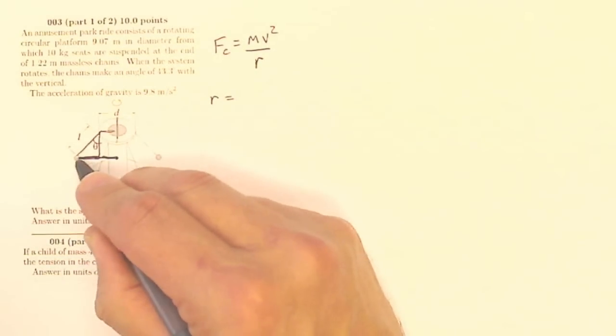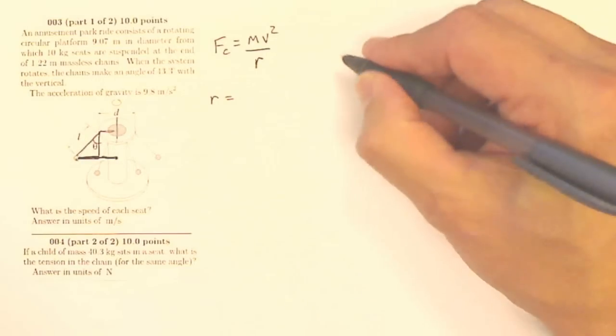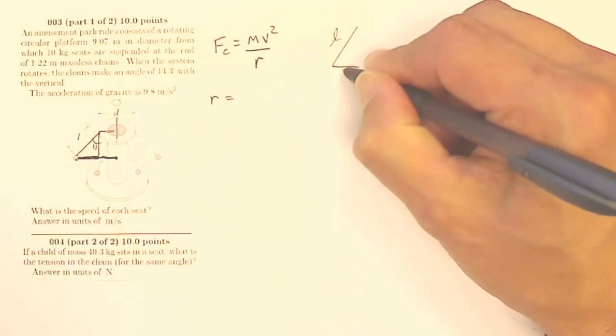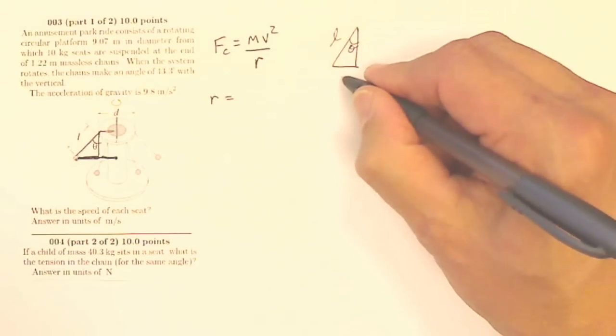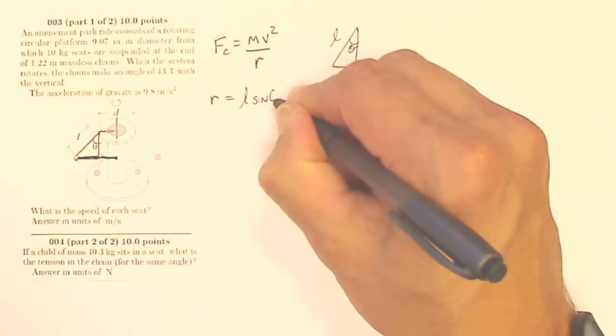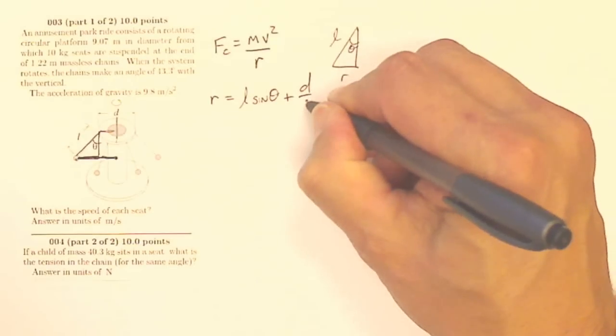One is this component, which is L times the sine of theta, right? If I have L here, and part of R here, and this is theta, I can do L sine theta to get my R. So it's going to be L sine theta plus half of my diameter, d over 2.